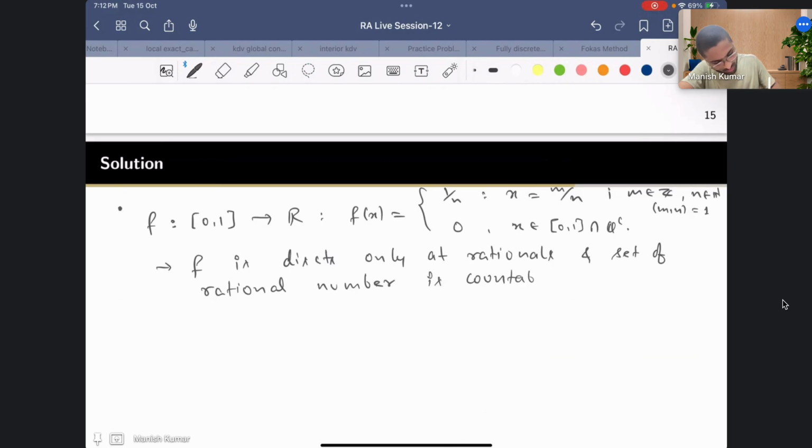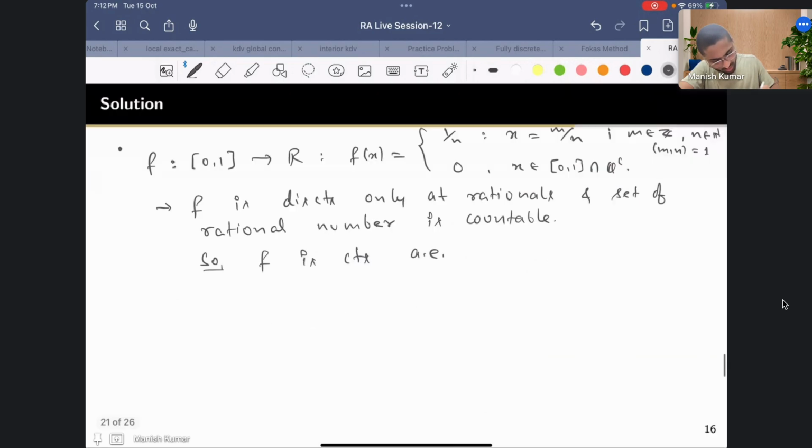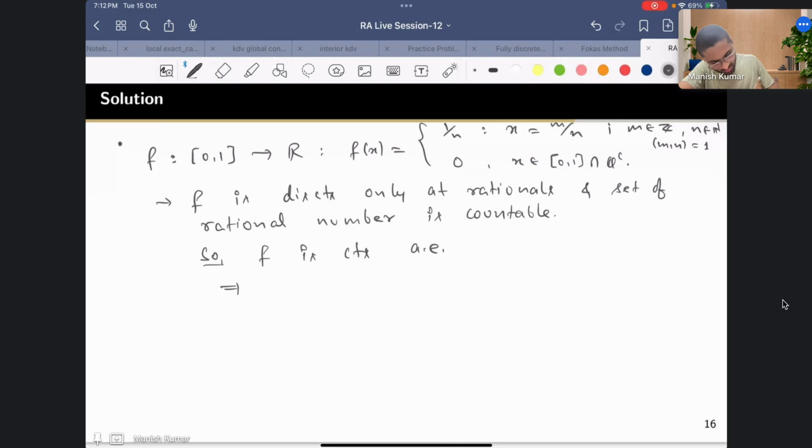So what you can conclude is that f is continuous almost everywhere, and this tells you that f is Riemann integrable on 0 1.